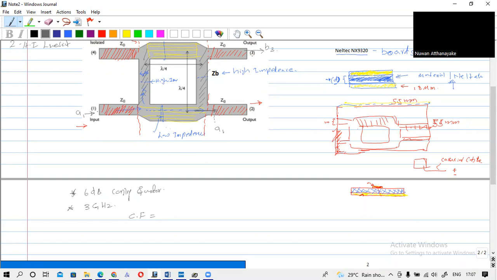So these are voltages. Normally coupling factors are measured based on power, so we have to square the voltage to get the power, you know about the power content of a sinusoidal signal.